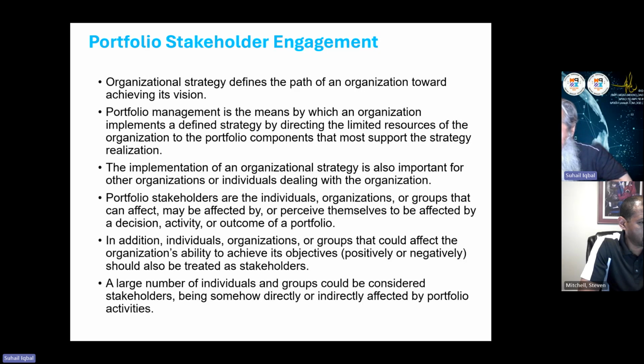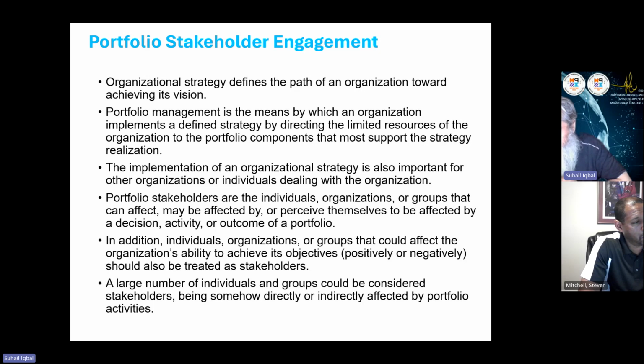Now, mind it, when I am defining the portfolio stakeholder, I am definitely not defining the program stakeholder. I am definitely not defining the project stakeholder. Or yes, to some extent, I am taking help from the organizational stakeholders. Most of them, maybe not all, but most of them might be my stakeholder.